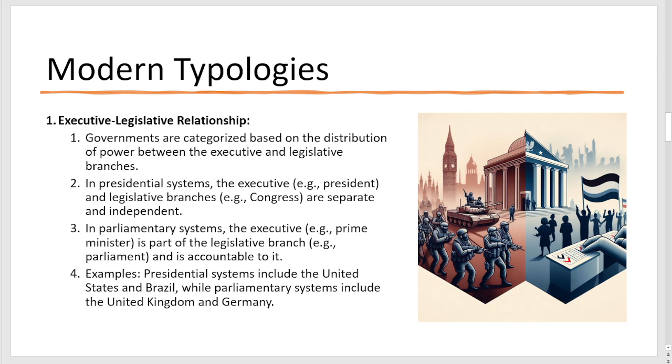In a presidential system, the executive, the president, and the legislative branch, the Congress, are separate and independent. In a parliamentary system, the executive, the prime minister, is part of the legislative branch and is accountable to it. Examples include the presidential systems in the United States and Brazil, while parliamentary systems include the United Kingdom and Germany.